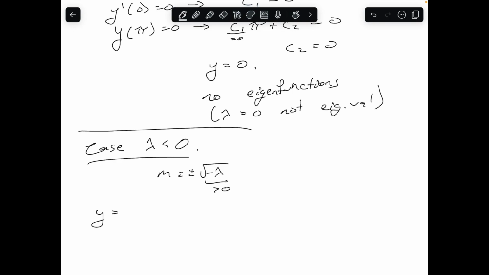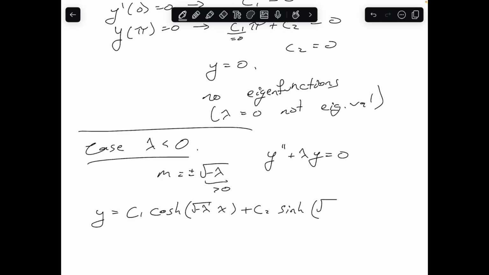So this is y double prime plus lambda y equals 0, and when lambda is negative, the general solution to this, we talked in class about, is y equals c1 cosh of our m value times x plus c2 sinh of our m value times x.